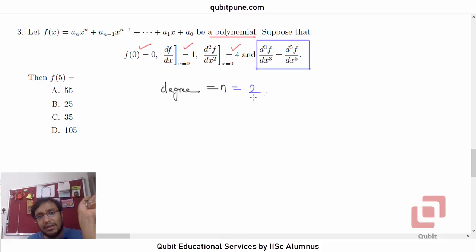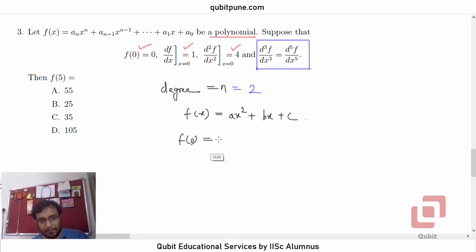So if you now understand that the degree is 2, let's bring back our quadratic thing, ax squared plus bx plus c. Right now we can make use of all the three equations to determine the values of c, b and a. F of 0 is 0. This clearly means that c is 0.